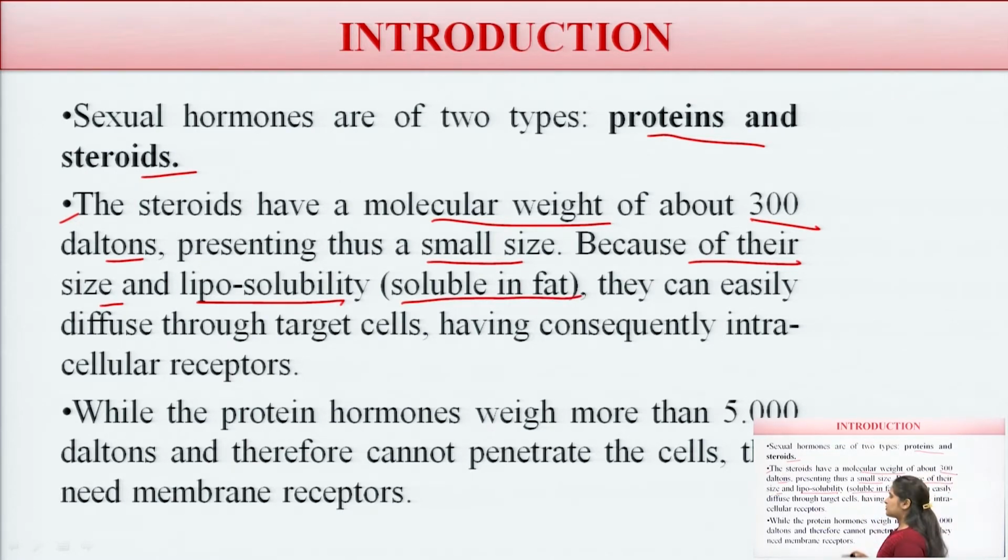These steroids can easily diffuse through the target cell and bind to intracellular receptors. So steroids have a molecular weight of about 300 daltons and are easily soluble in fat.